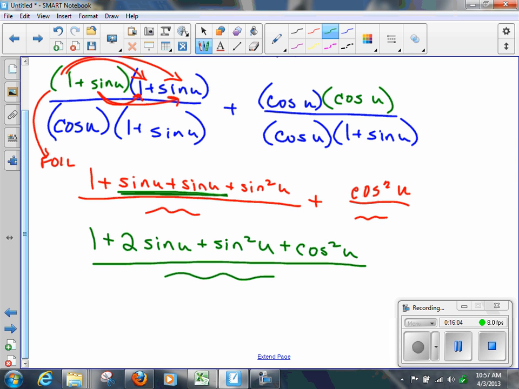Okay? Look at it closely, because what is exactly... What's sine squared plus cosine squared, folks? 1.